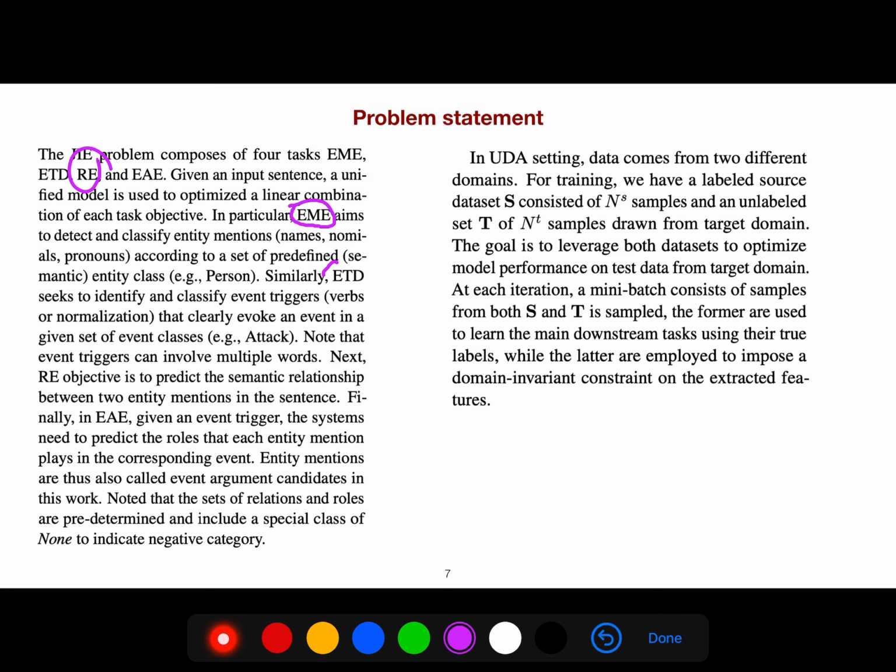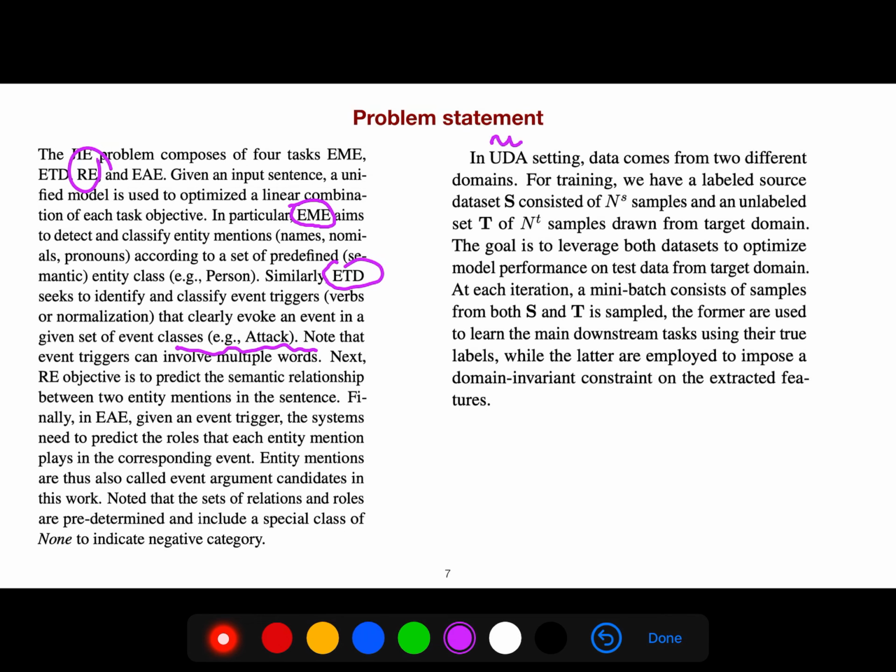For example, ETD, event trigger detection. So it seeks to identify and classify event triggers. But event triggers can have multiple words. Then next, the relation extraction objective is to predict the semantic relationship between the two entity mentions in the sentence.